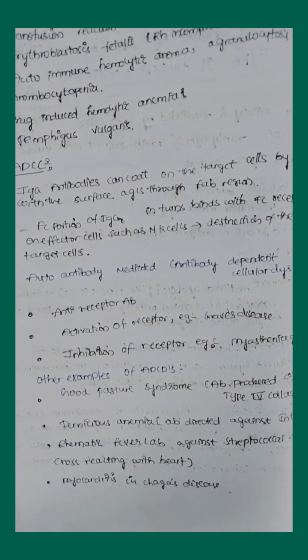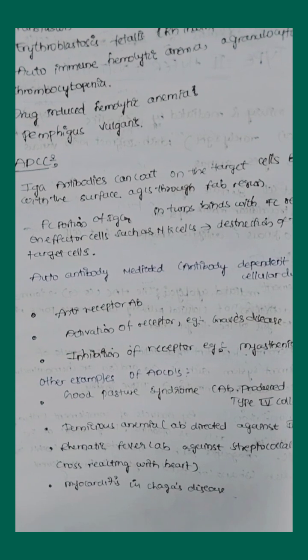Autoantibody mediated cellular dysfunction will occur. Anti-receptor antibodies and activation of receptors will occur in Graves' disease, so T3 and T4 will be produced more, and this will lead to Graves' disease.